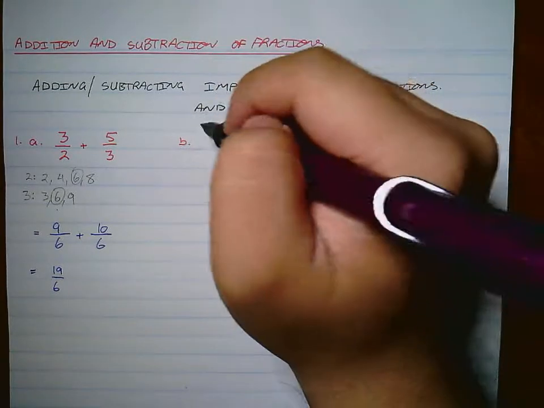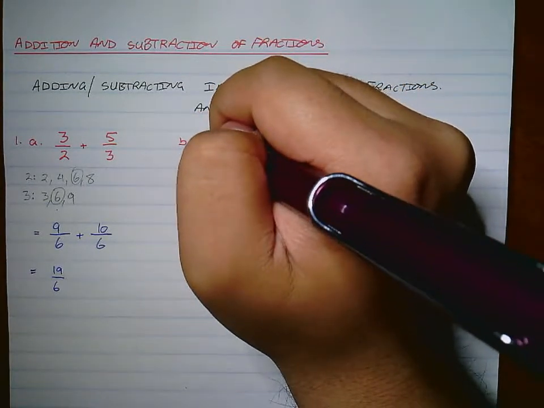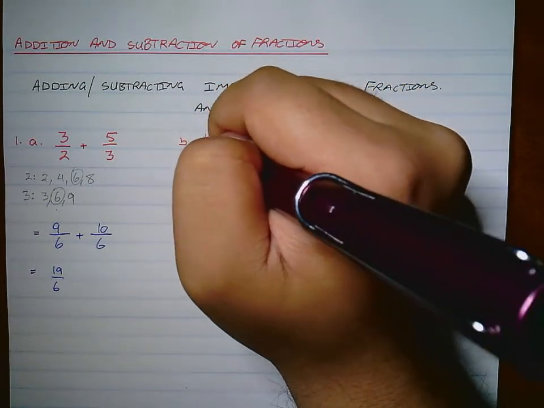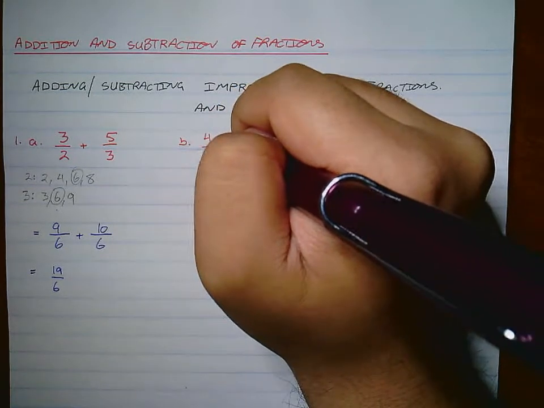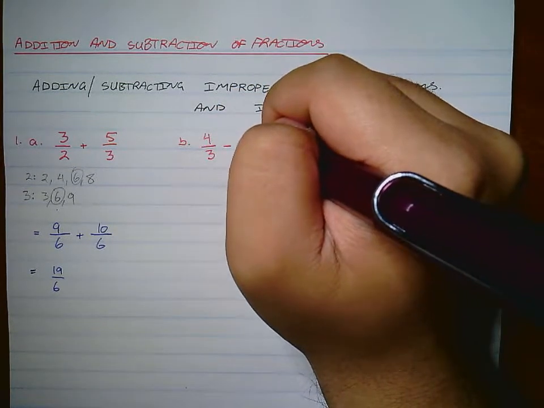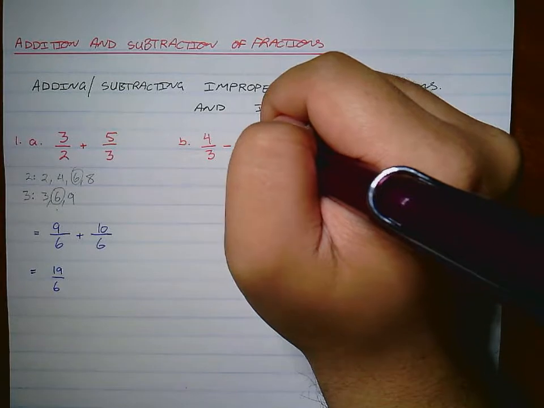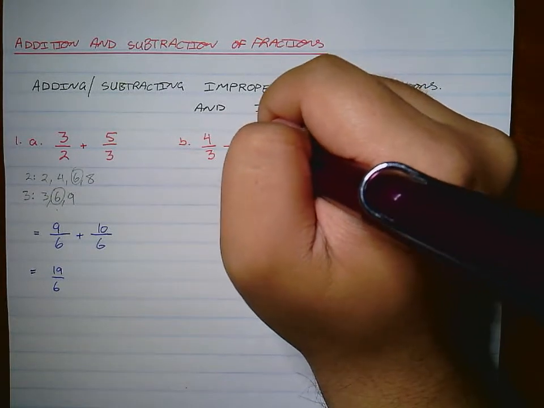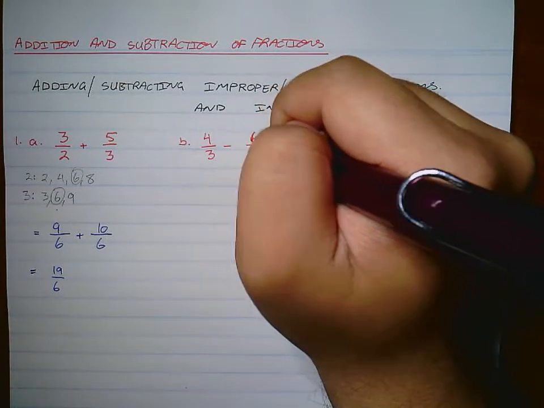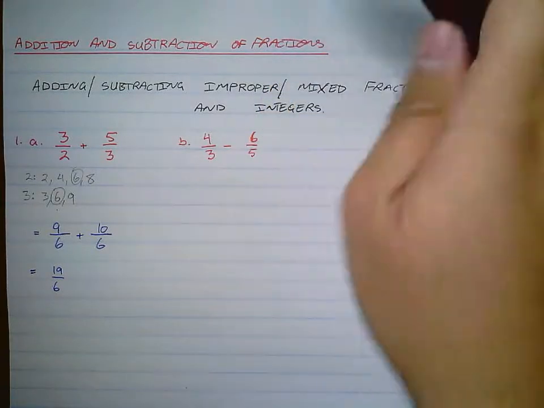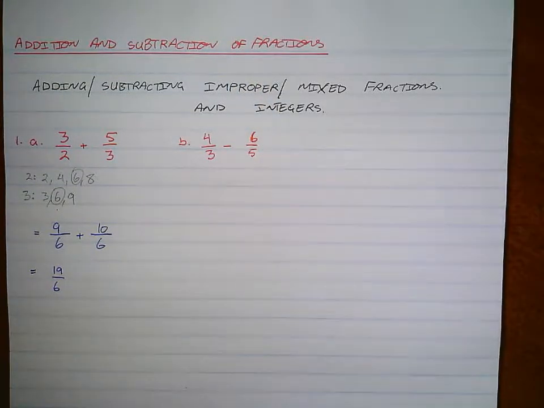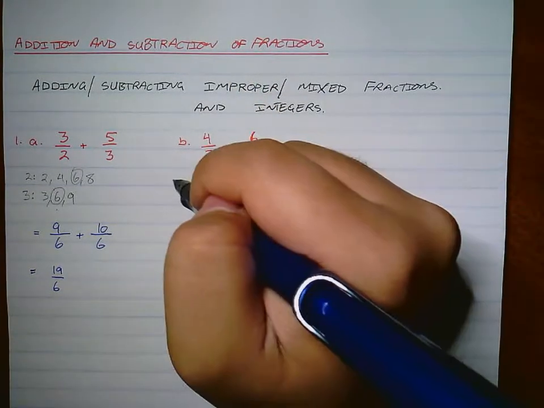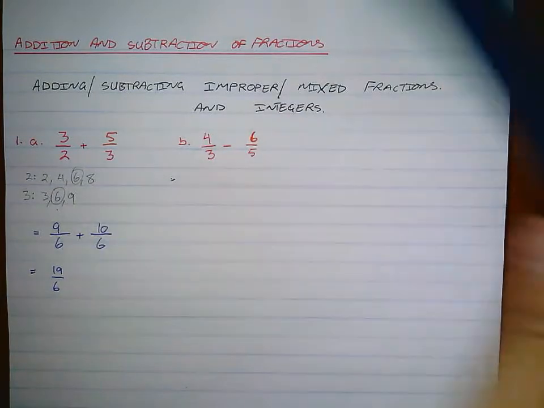So let's take a look at another example. 4/3 subtracted by 6/5.